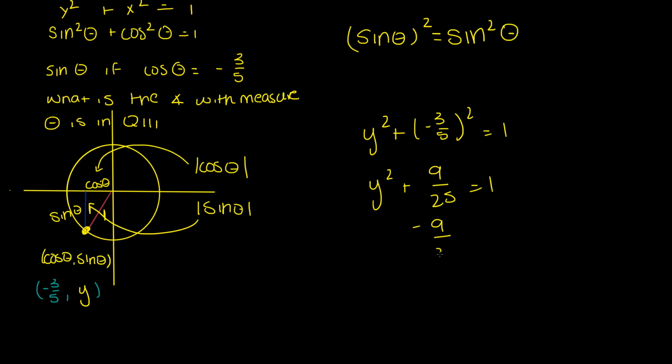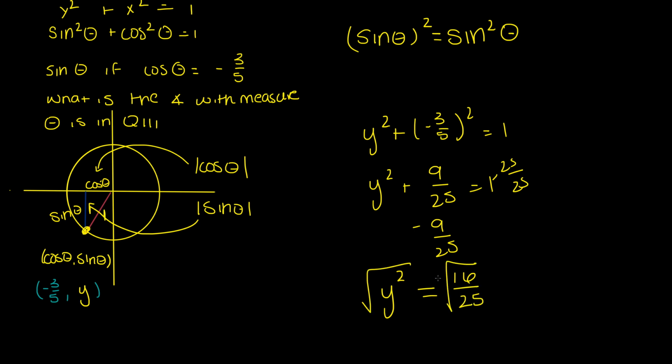Subtract 9/25. This becomes 25/25, so 25 minus 9 is going to be 16. 16/25. And that's y squared. You take the square root.